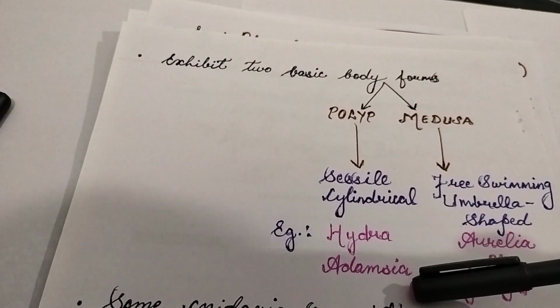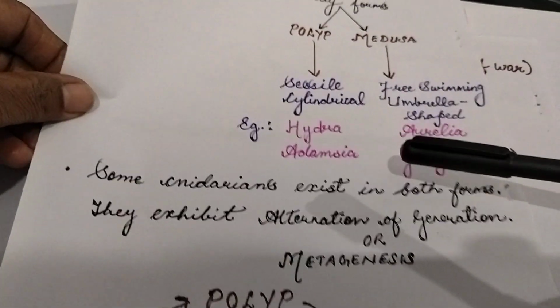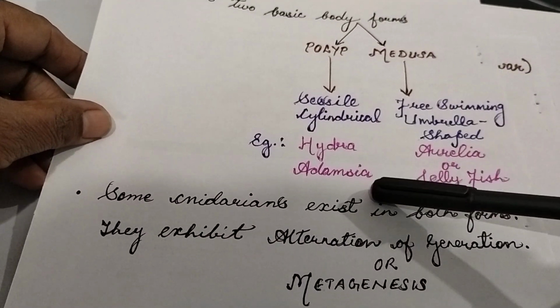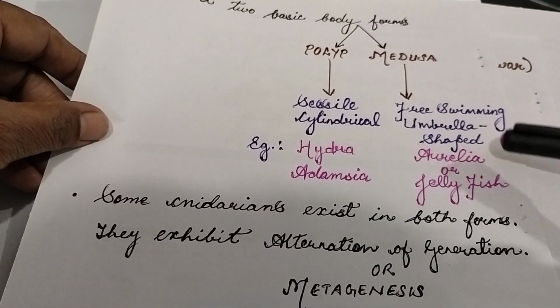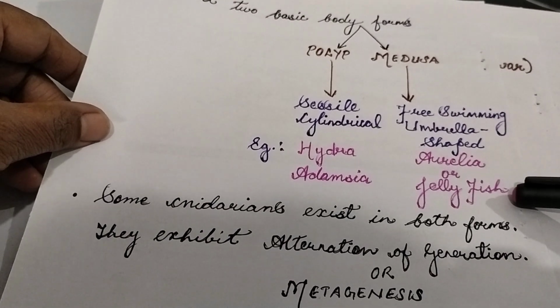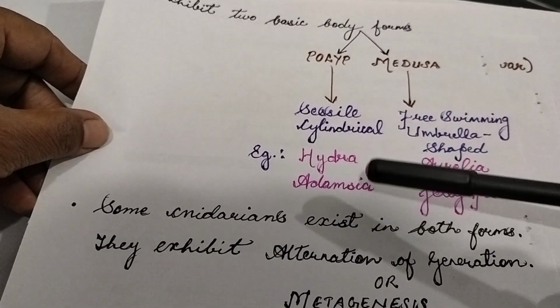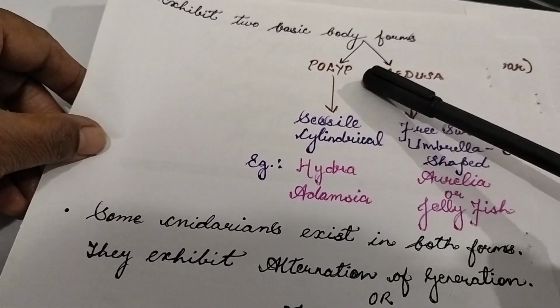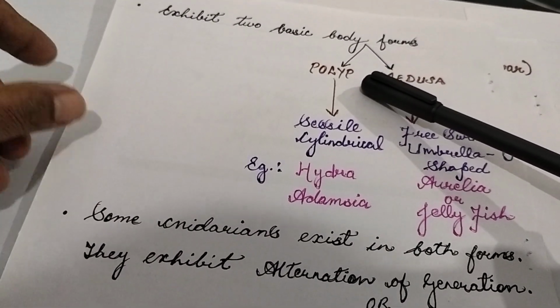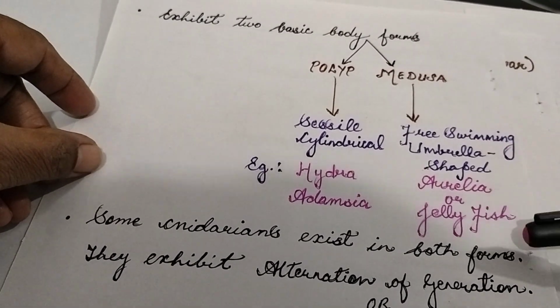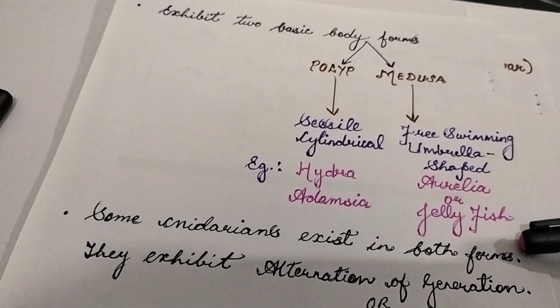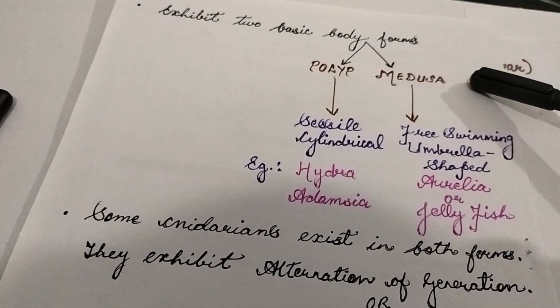All right. Examples are Hydra, Adamsia, Aurelia or jellyfish, of which Hydra and Adamsia are in the polyp form and Aurelia or jellyfish is in the medusa form.